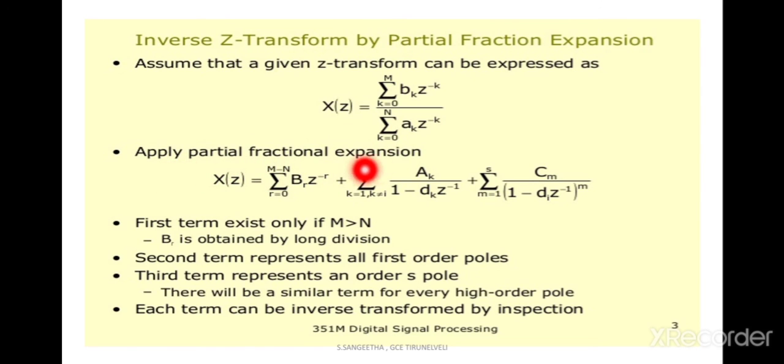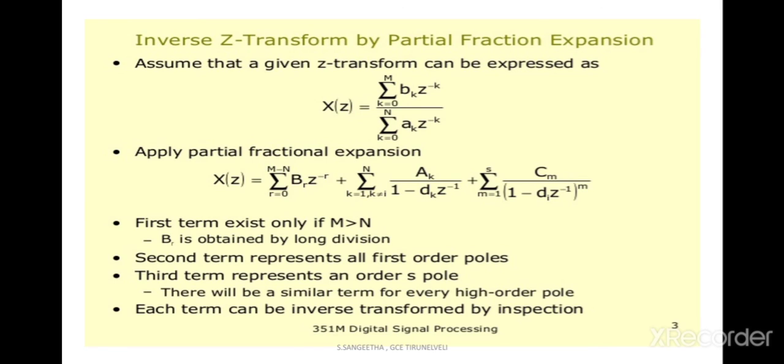For applying partial fraction expansion, capital X of z is equal to summation of r is equal to 0 to m minus n b r z to the power minus r plus summation of k is equal to 1, k not equal to i, to n A k by 1 minus d k z to the power minus 1 plus summation of m is equal to 1 to s C m divided by 1 minus d i z to the power minus 1 the whole power m. The first term exists only if m is greater than n.